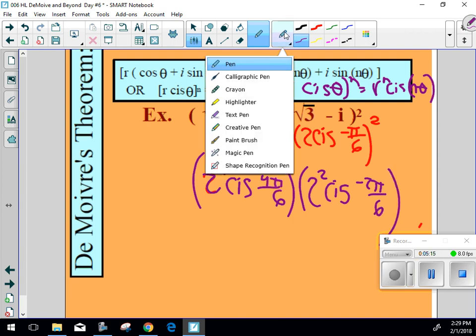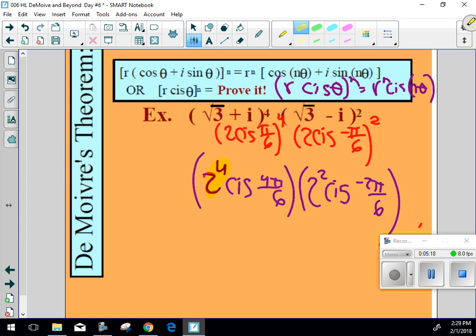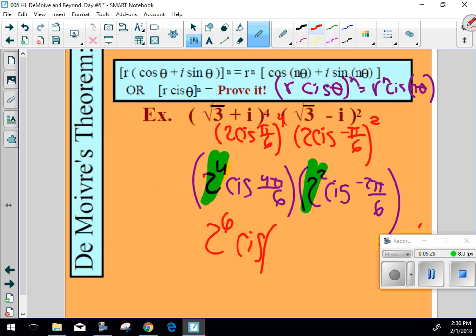So what is the product of 2 to the 4th and 2 to the second? What's that product? 2 to the 6th, cis. What is 4 pi over 6 minus 2 pi over 6? That's 2 pi over 6. Or pi over 3.